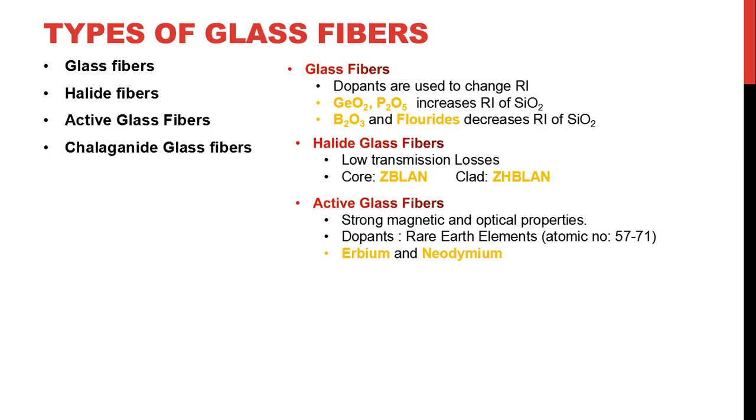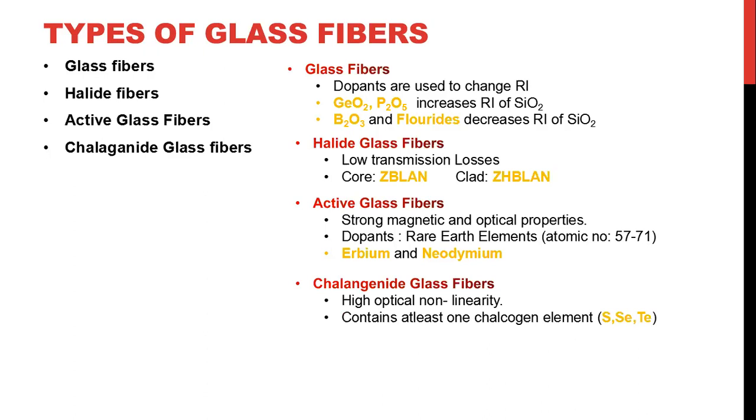So this type of fiber, that is active glass fibers, offers strong magnetic and optical properties. The dopants are rare earth elements like erbium and neodymium, which are the most commonly used. There are other types of rare earth elements like thulium and ytterbium which are also used for various applications.